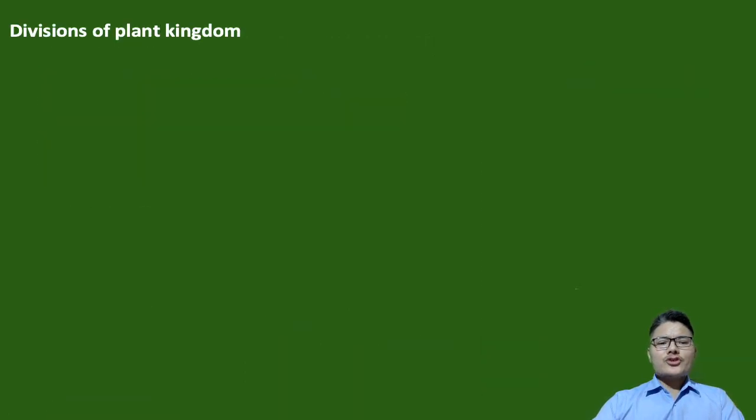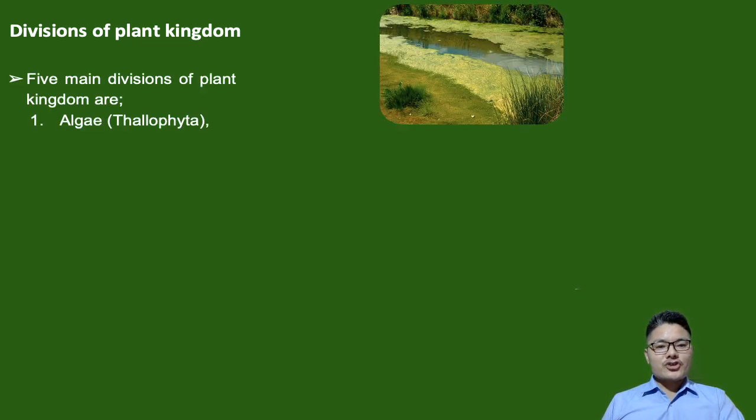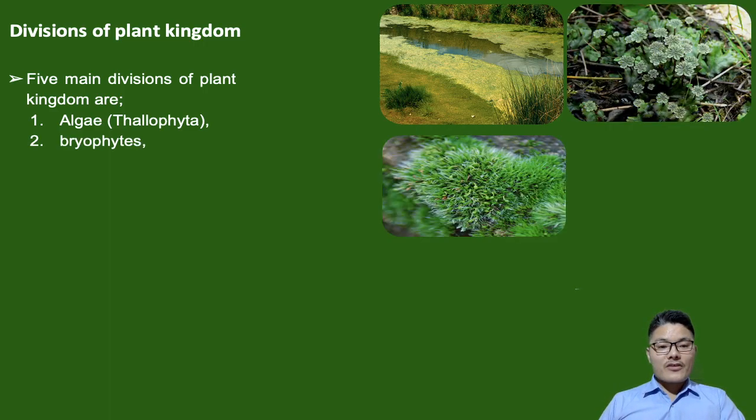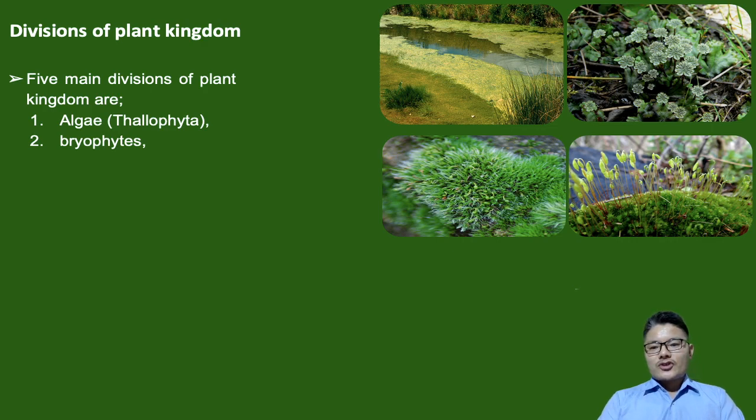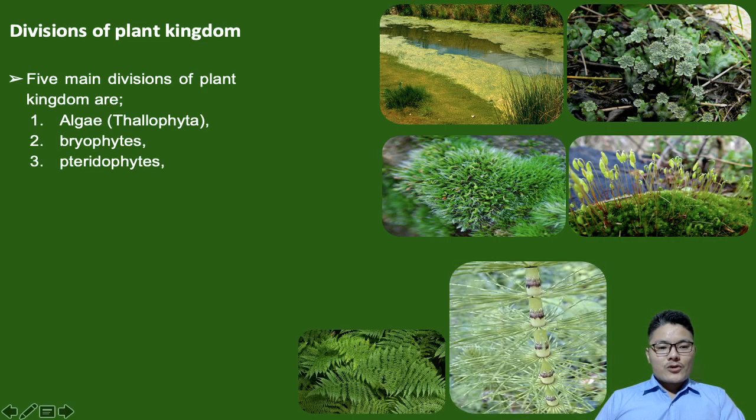So what are the divisions of plant kingdom? We have 5 main divisions of plant kingdom. The first one is algae, that is Thallophyta, the simplest form of plant kingdom. Then we have bryophytes, which includes Marchantia and mosses. Third one is pteridophytes.